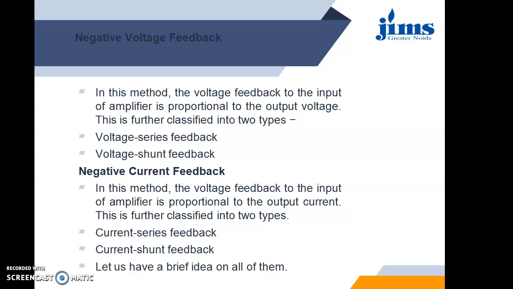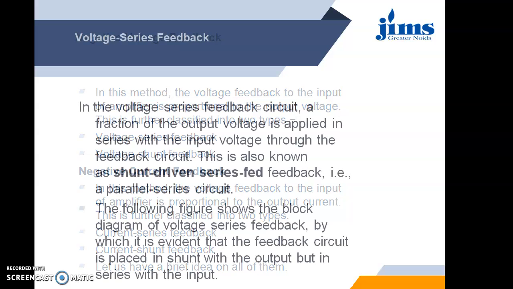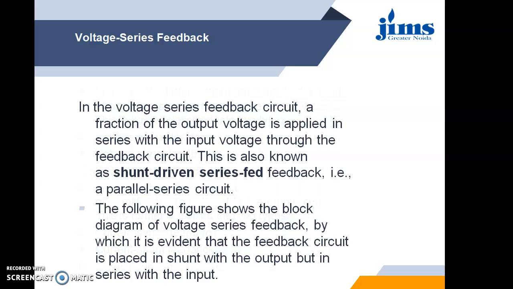In negative current feedback, the feedback to the input of the amplifier is proportional to the output current, and it is also classified into current series feedback and current shunt feedback. So overall we have four types of negative feedback systems: voltage series, voltage shunt, current series and current shunt. All of them we will discuss one by one.